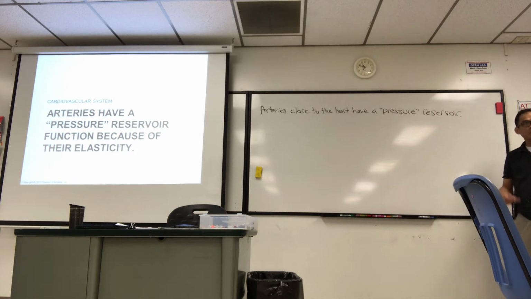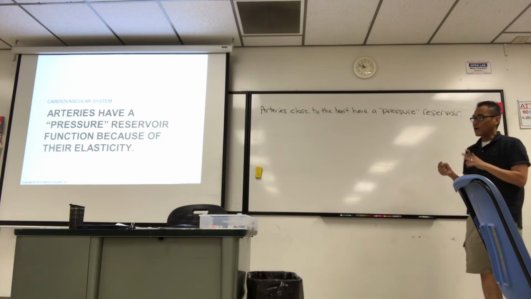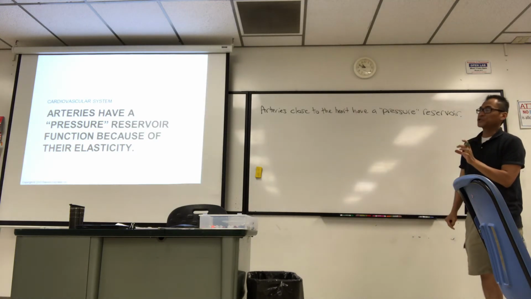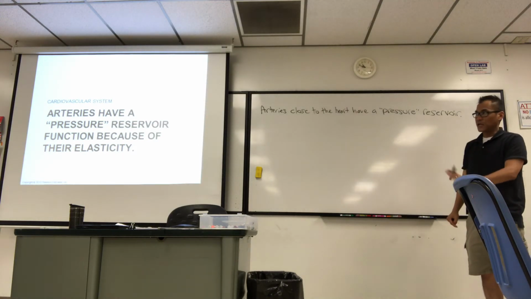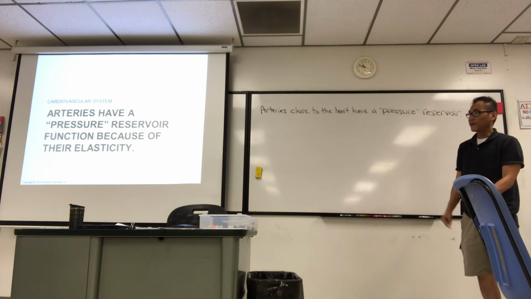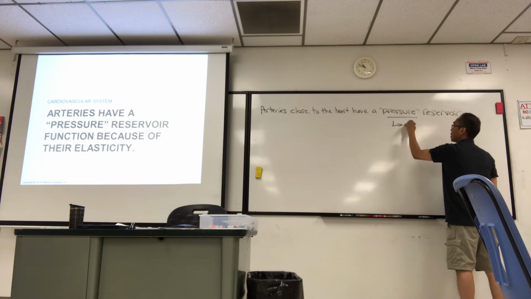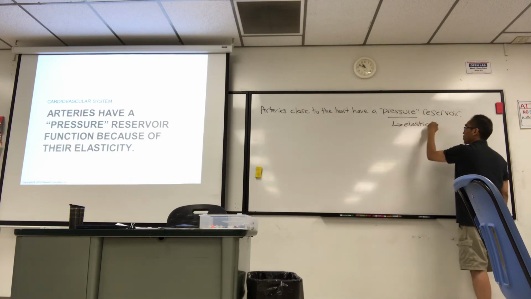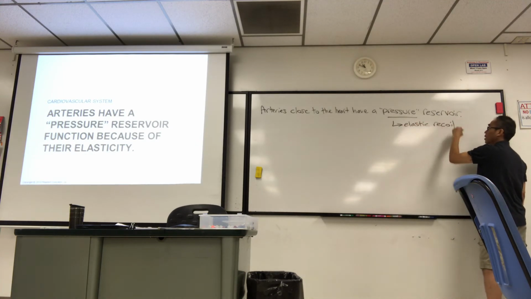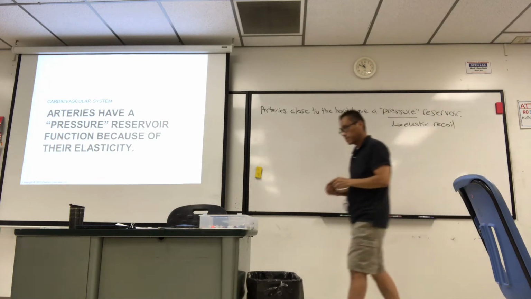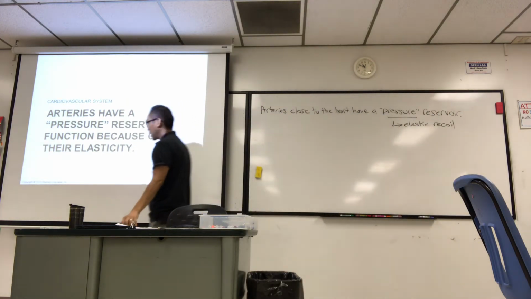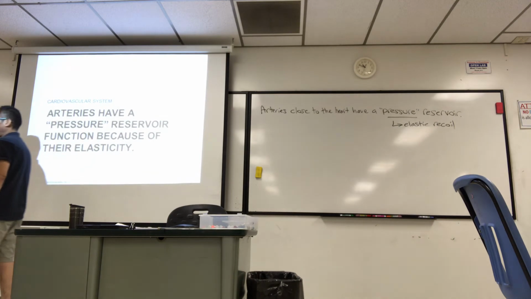Don't confuse it with the blood reservoir term I use. That's for veins because they have most of the blood. Pressure reservoir means you have a source of pressure when the heart isn't generating pressure. Okay, that's the elastic recoil that I mentioned earlier. Think of it as a second pump. That's not the heart.